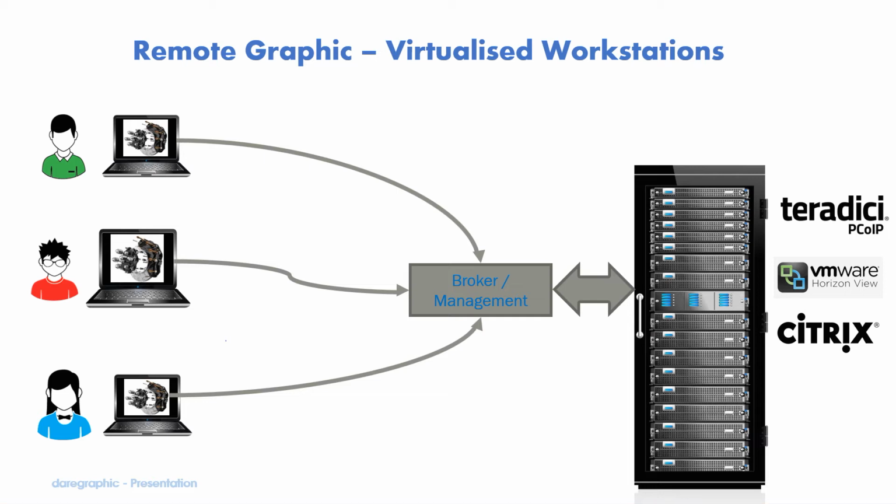And basically, they will allow multiple users to connect to a server that has enough CPU, RAM, and GPU for those users. And in the middle, we will install what we call a broker manager that will tell who's connected to what instance, and what that person's resources should be. For example, we can have entry level people that do basic CAD design.